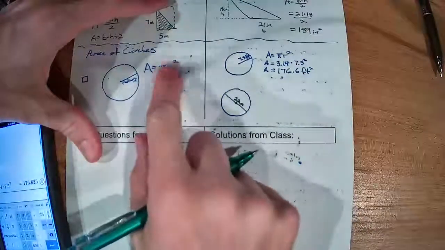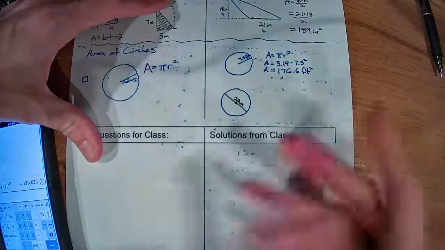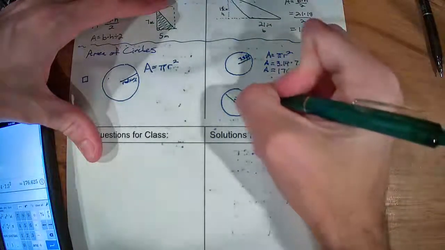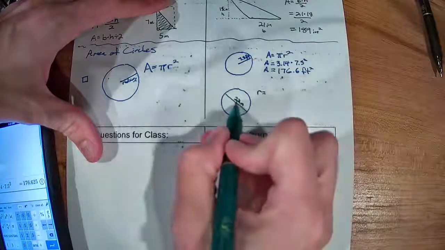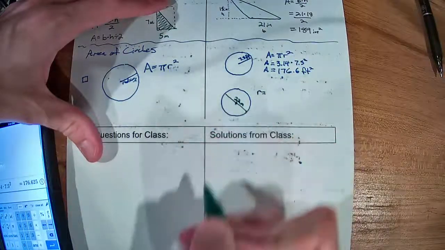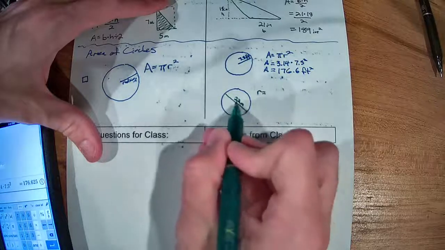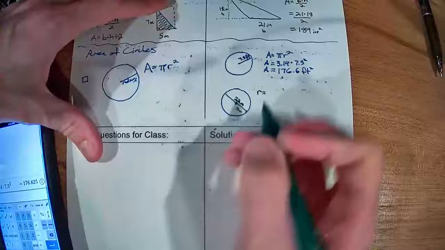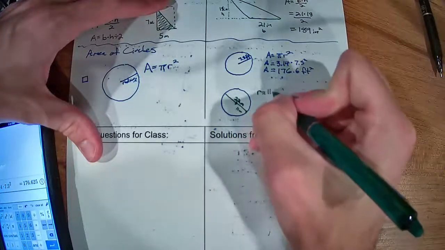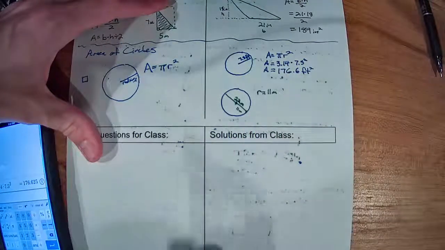Notice our formula only allows for a radius measurement, so we're going to have to make a conversion. I've got to find what the radius is. Remember, the radius is measured from the center to the edge. That's only half the distance of the diameter. So in this case, I only need 11 meters. Let's write that in. Our radius is 11 meters.